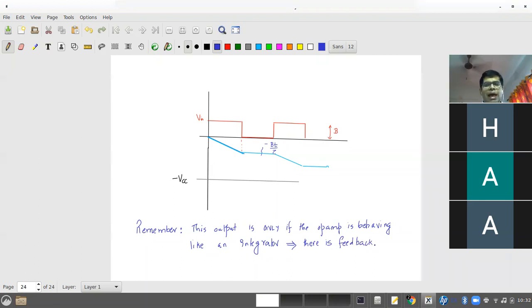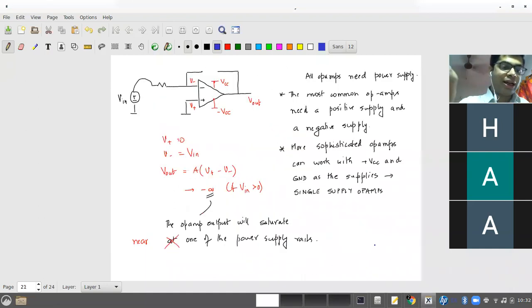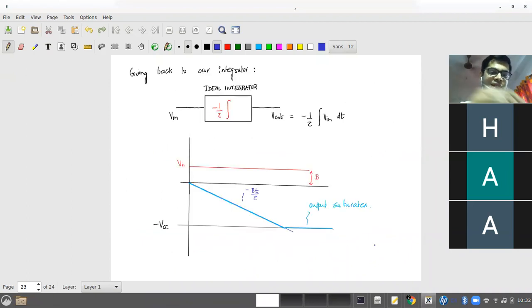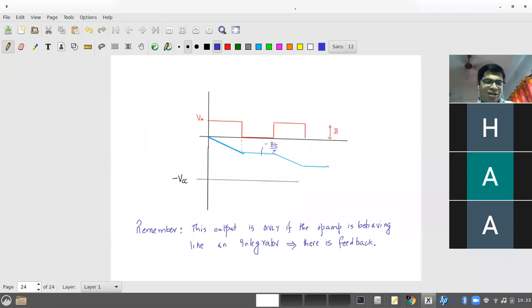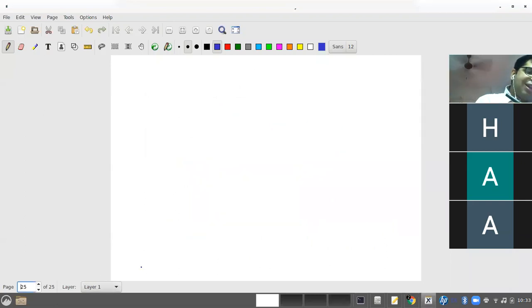Only if there is feedback does this particular circuit have the transfer function as we have drawn here, minus 1 by tau. If there is no feedback, then you are actually in this mode of operation, in the open loop mode. Okay, so the long story short, a more practical integrator circuit is the following.